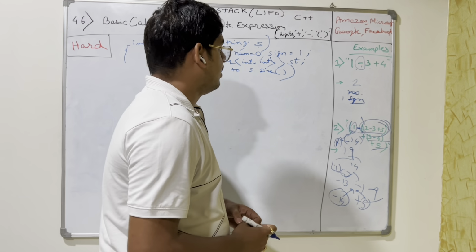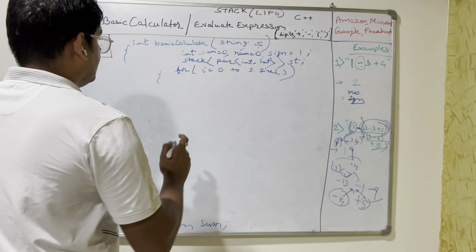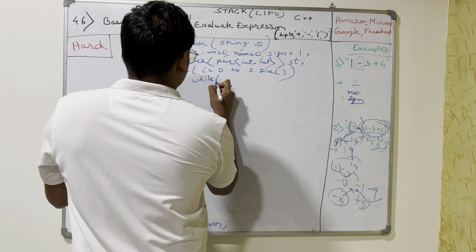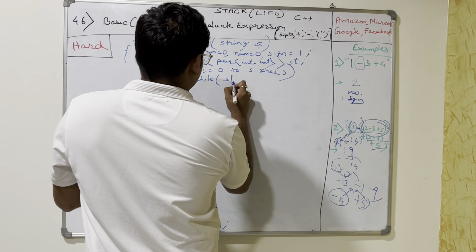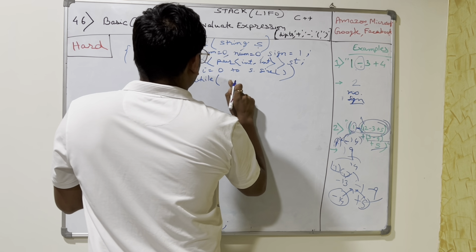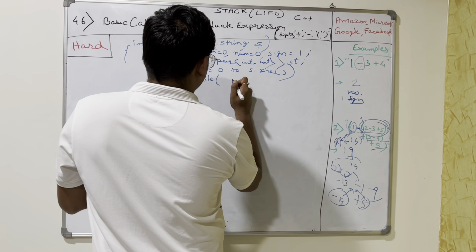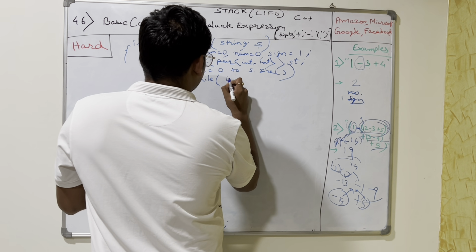Okay, so one thing it can be is that while s[i] is digit.